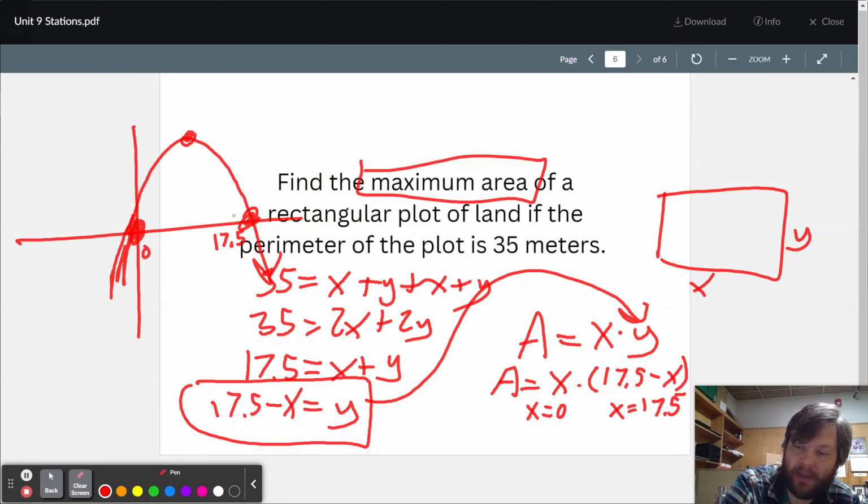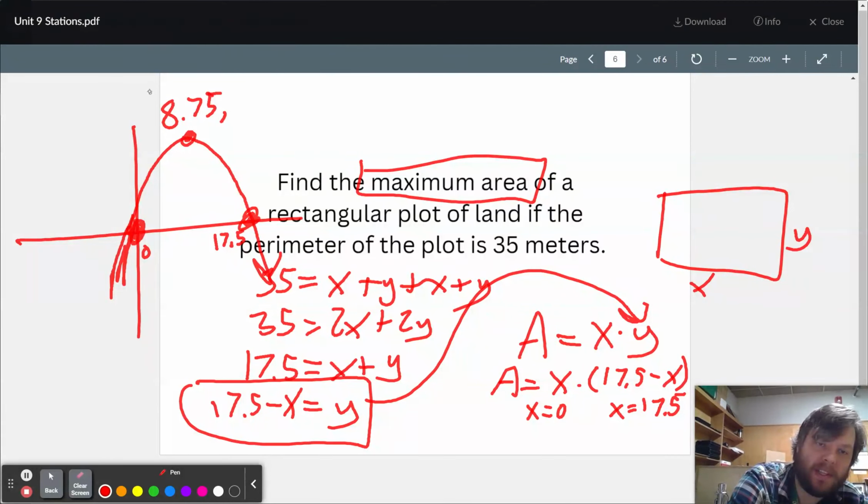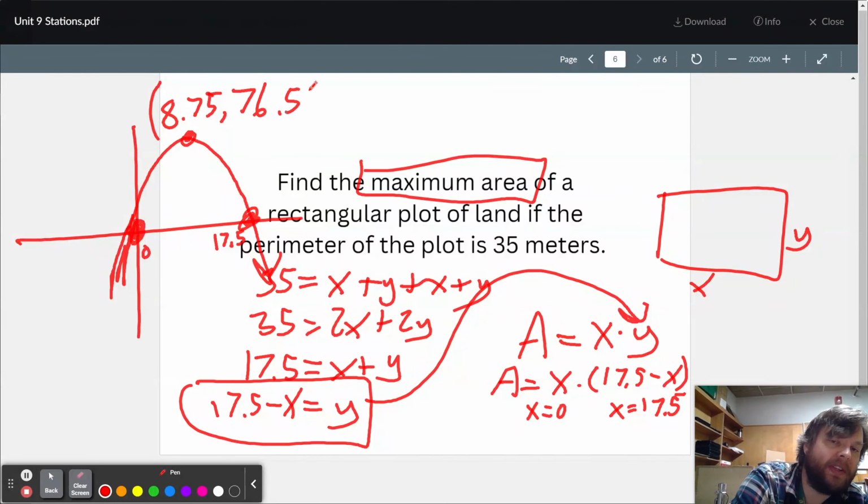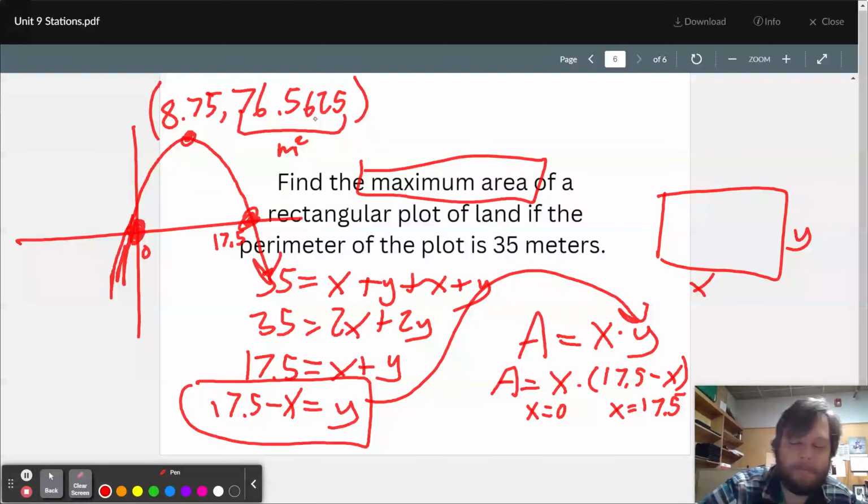Half of 17.5 is, I guess, 8.75. And if I plug in 8.75 to my area formula, I do 8.75 times itself, which gives me 76.5625. So this is the maximum area. It's measured in terms of meters squared.